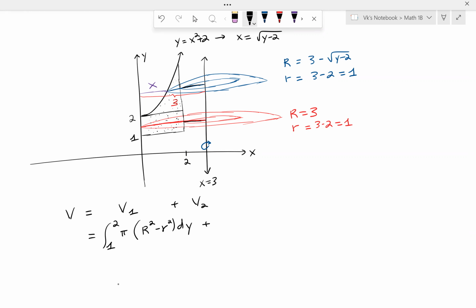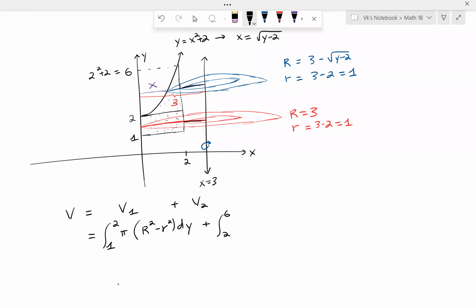For the second integral, it's going to be integration from 2 to, when we substitute x equals 2, 2 squared plus 2, which is 6.